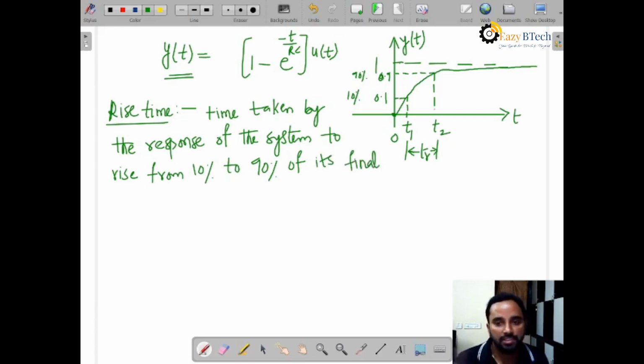How much time it takes from 10% to 90% of its final value, that time is called rise time.